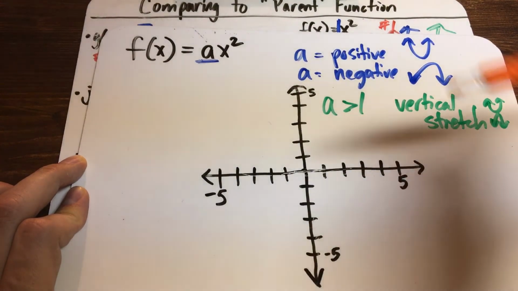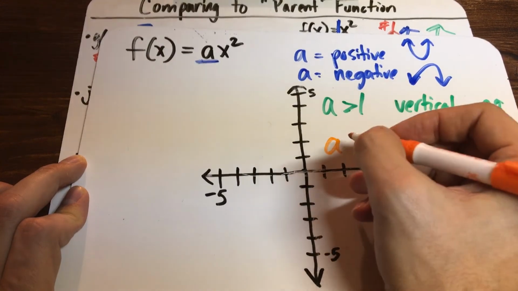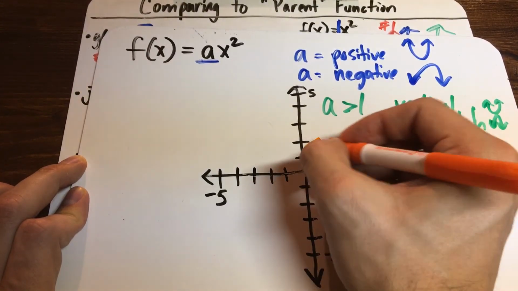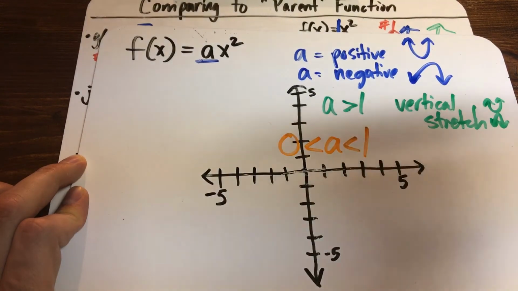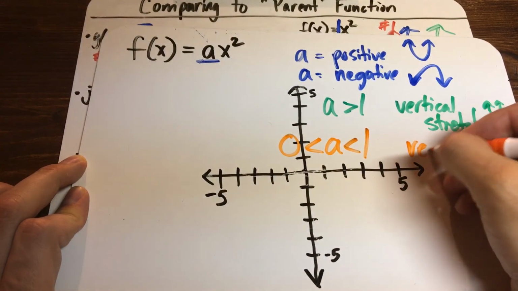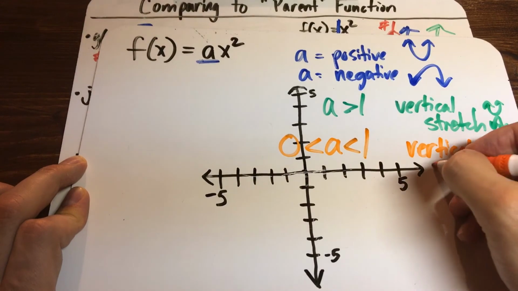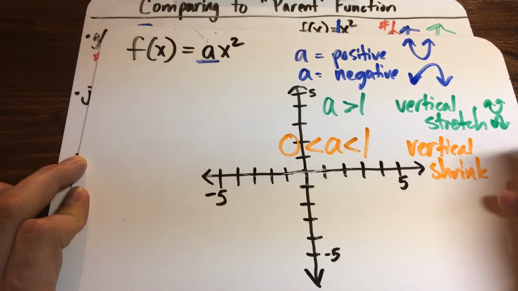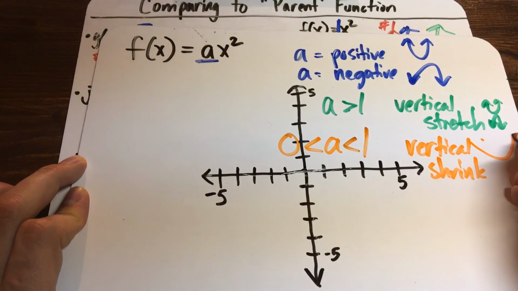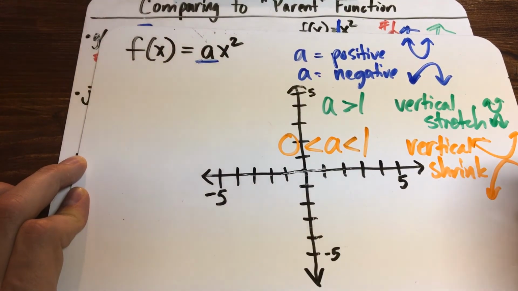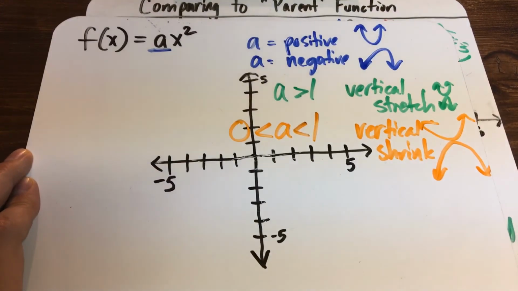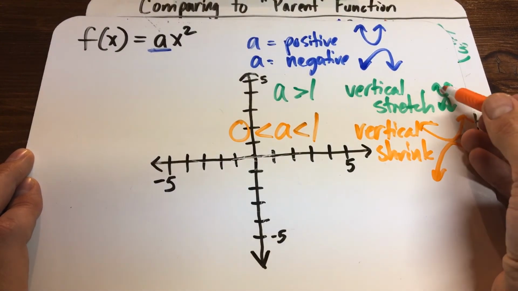If your letter A is between 0 and 1, bigger than 0 but less than 1, or negative 1, meaning it has an absolute value between 0 and 1, it's called a vertical shrink. These will be your fractions. They'll be more wide open, or more wide from side to side, compared to those that are closer together.